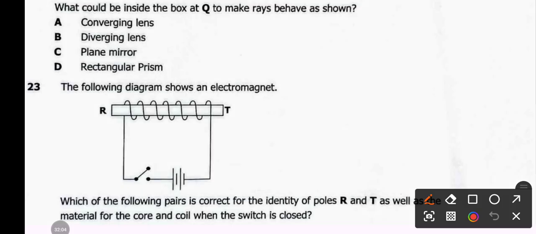Remember, conventional current flows from the positive terminal to the negative. So we'll have the flow of current in that order there.